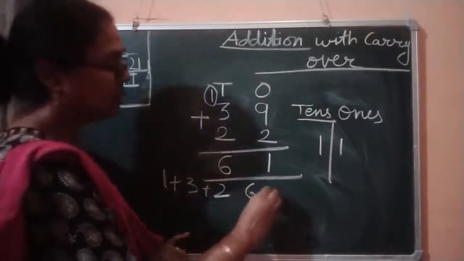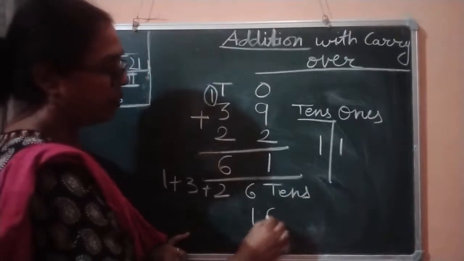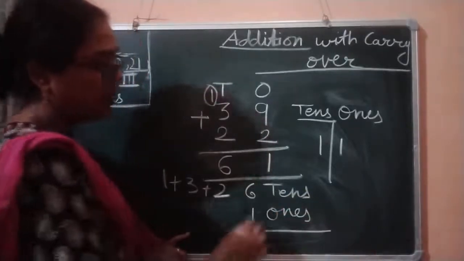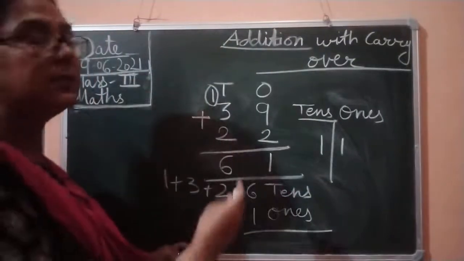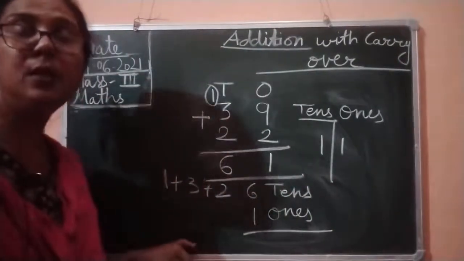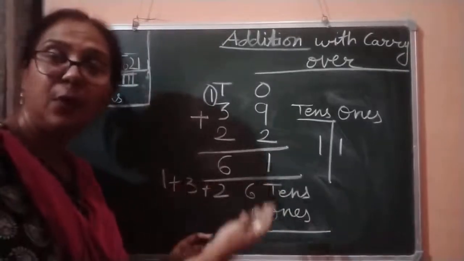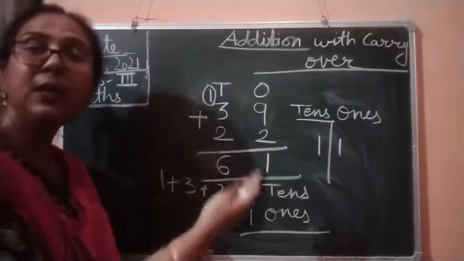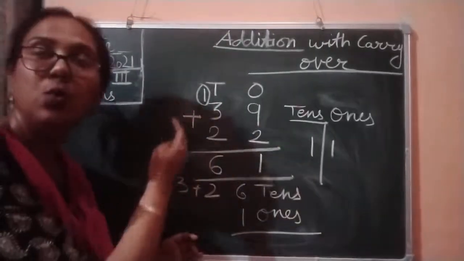Here 6 tens and 1 ones. Okay, this is the answer we got. So children, this is the example of converting, or you can say transferring, the carry from ones to tens.